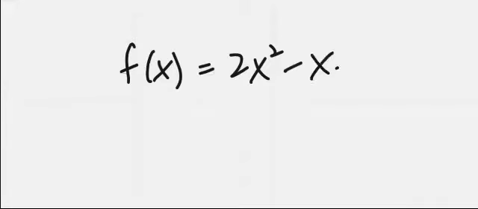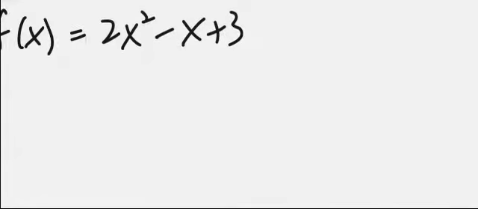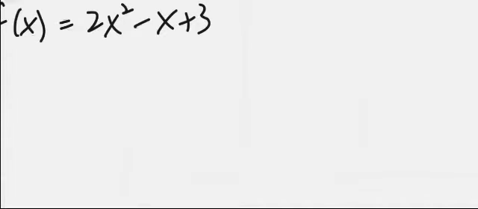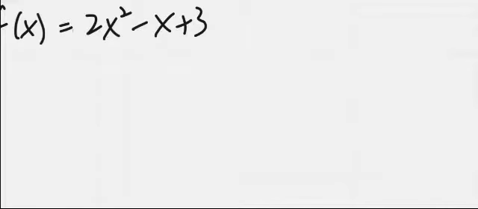So let's work on some example problems. Let's say I have an equation called f of x is equal to 2x squared minus x plus 3. And the f of x plus h is basically substituting x plus h into the x.